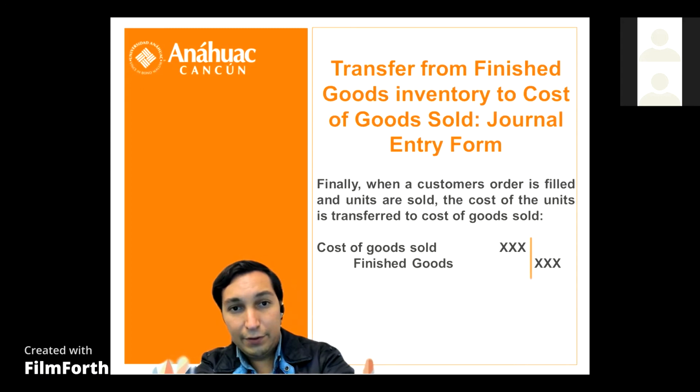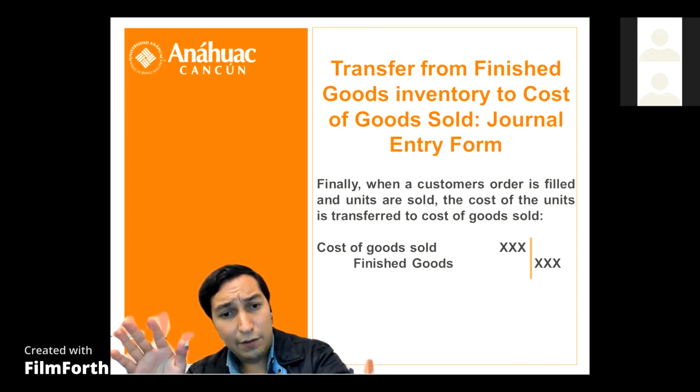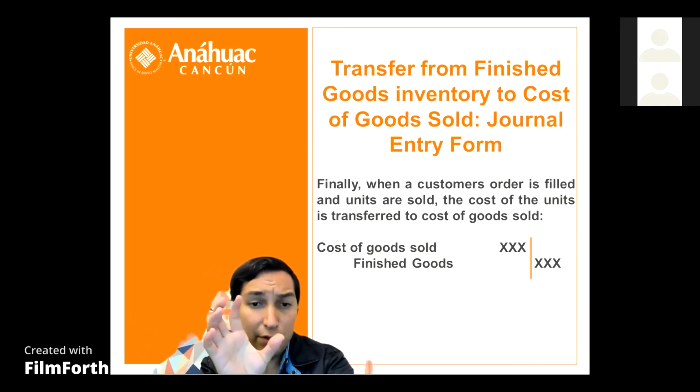Nothing new. Finally, when a customer orders and units are sold, the cost of the units is transferred to cost of goods sold. Now, here it's showing exactly what we just discussed in journal entry form, but they kind of ignore the sales part of this entry. We would be doing this in conjunction with recording the sale.